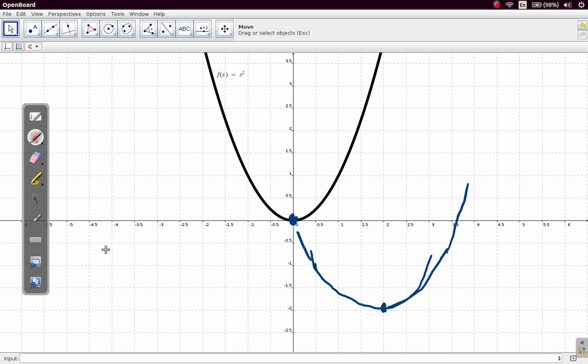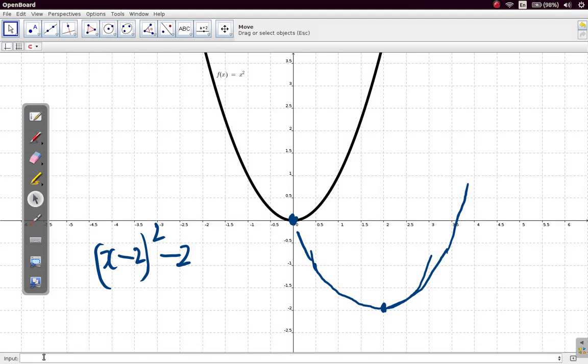This would be in the form of x squared. Obviously, this is x squared shifted 2 units to the right, so you should have a minus 2 here, squared, and 2 units down, so it should be minus 2. Let's plot (x minus 2) squared minus 2 and see if it would match.